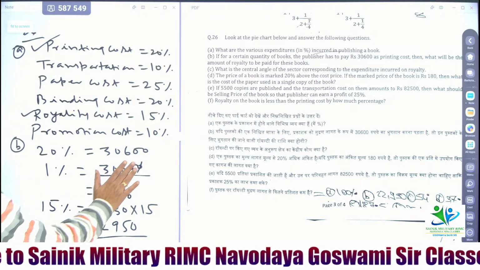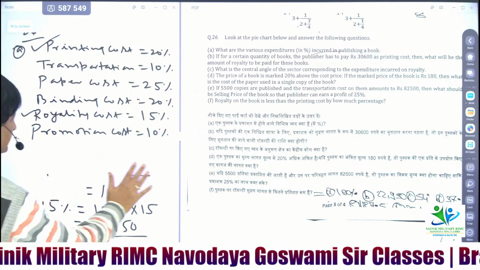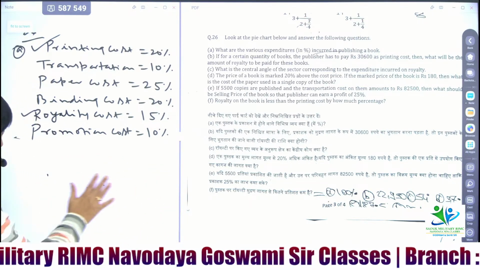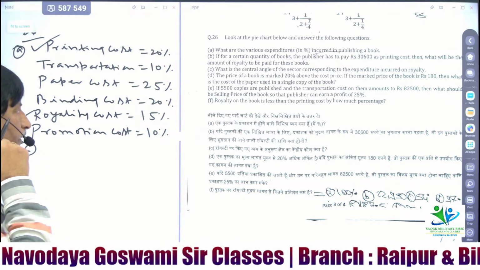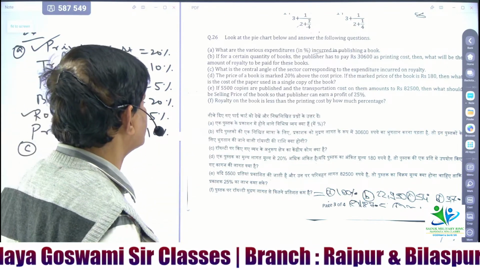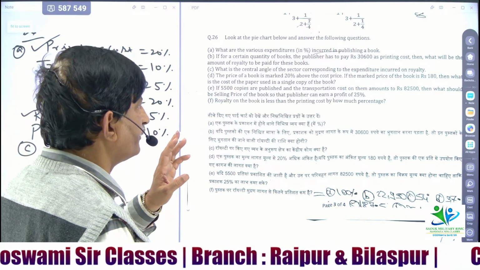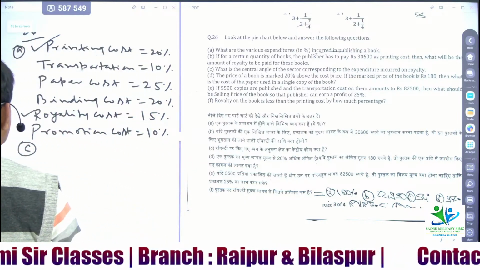For every part, we have to use the information given in the pie chart. Therefore, I am removing here B part and C here. See the part C of this question. In C part, what is the central angle of the sector corresponding to the expenditure incurred in royalty?